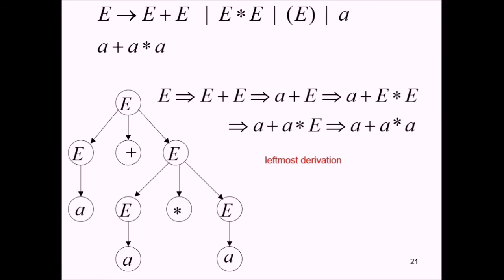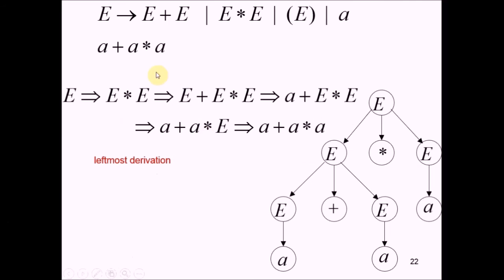Moving on, we have this grammar, E goes to E plus E, E star E, and A. We have a string A plus A star A. For this particular string, I constructed a leftmost derivation tree with this expression. So this is a parse tree. The other leftmost derivation for this grammar has a parse tree looking like this.